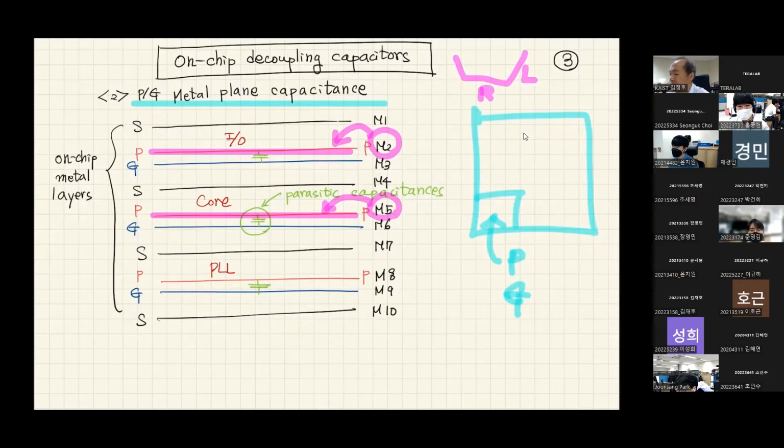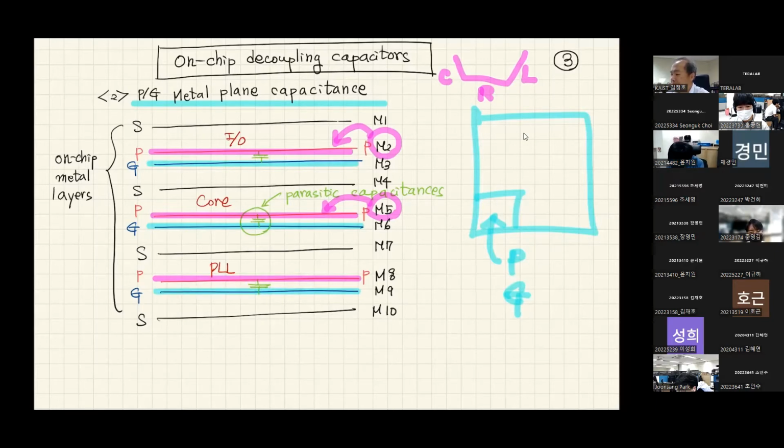So you have to choose the right metal plane for each case. We are assuming that metal 8 is used for PLL power. For each case, we have to put the ground metal as close as possible, at adjacent layers.